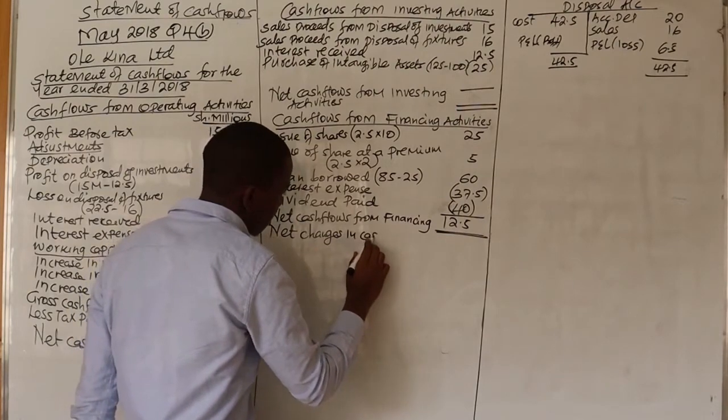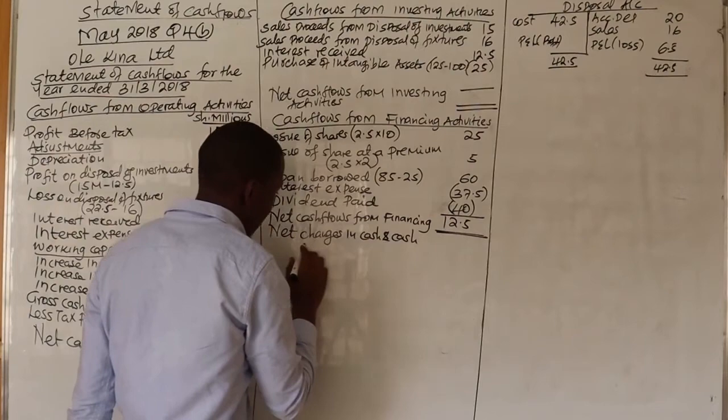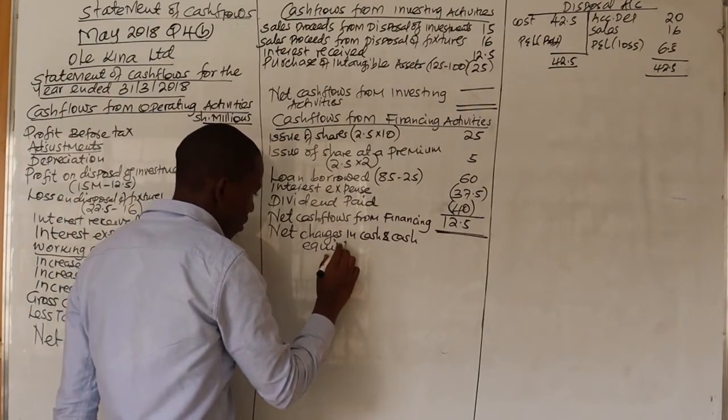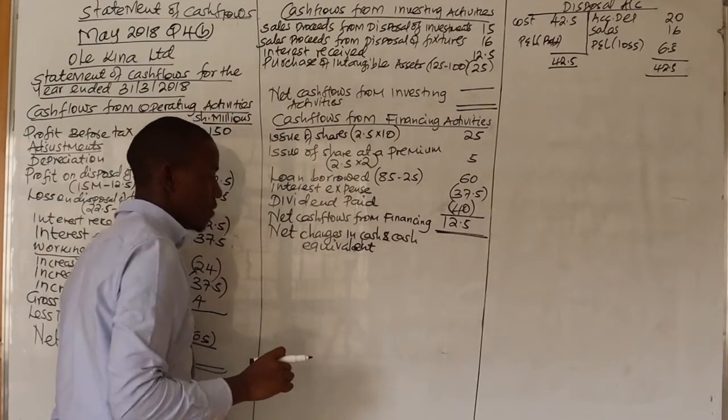So from there, what will be required is the net change in cash and cash equivalent, which is just the total cash flows.